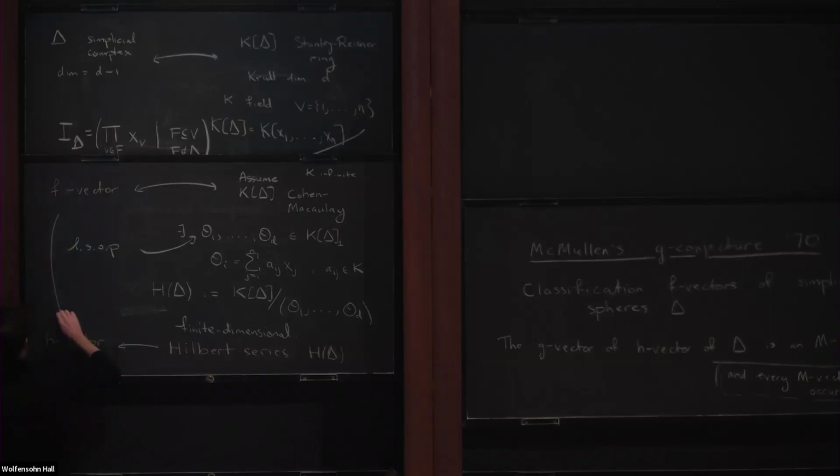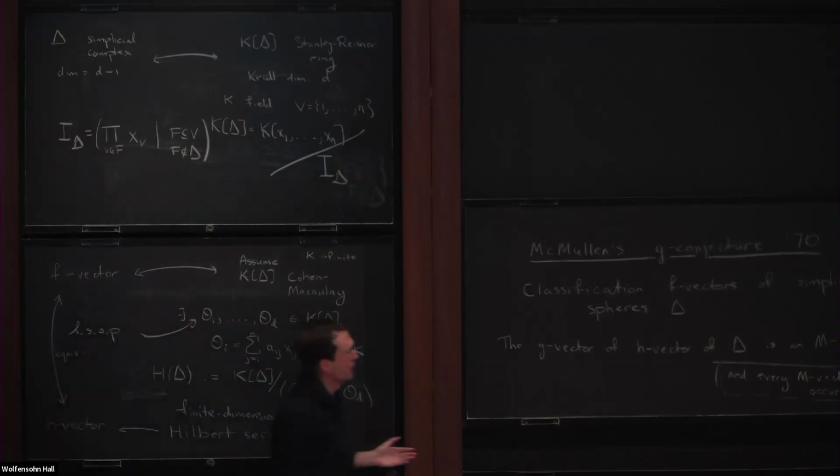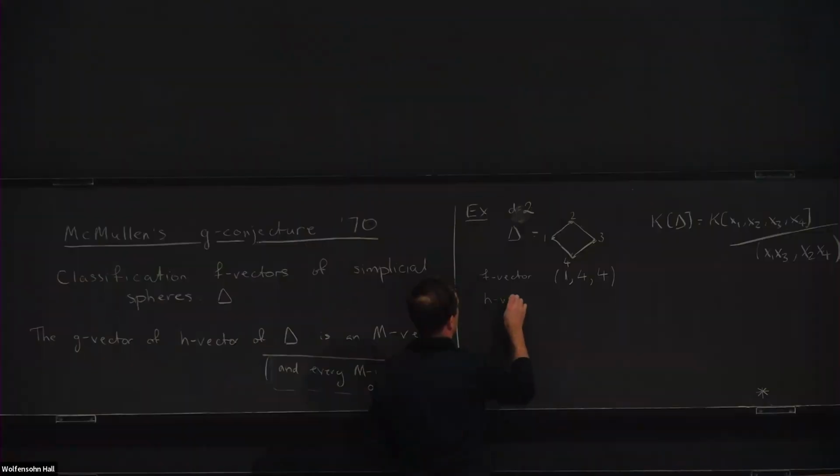So if you tell me the H vector, I can tell you the F vector and vice versa. So these are equivalent. This is how our dictionary works here. Rather than defining the H vector, I'll just tell you what it is in this case. The H vector is 1, 2, 1.